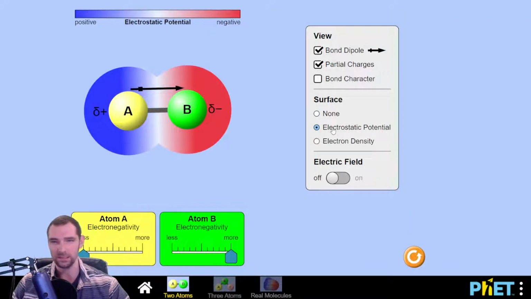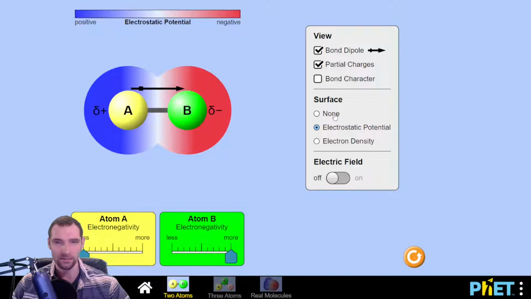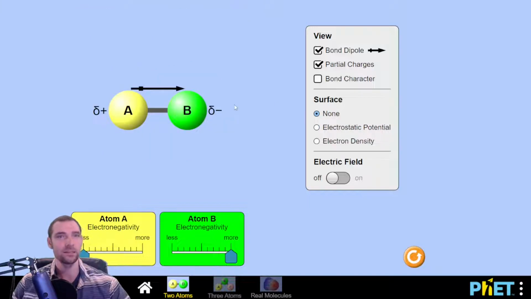You can also look at the electron density, and you can say the electrons are mostly hanging around on this side and not very much on that side. There's a number of different ways to look at this. But at the end of the day, when we have a bond, it isn't perfectly split between the two sides, the electrons. They're going to be hanging around one of the atoms more than the other. And when we have that, we have a bond that's polar.